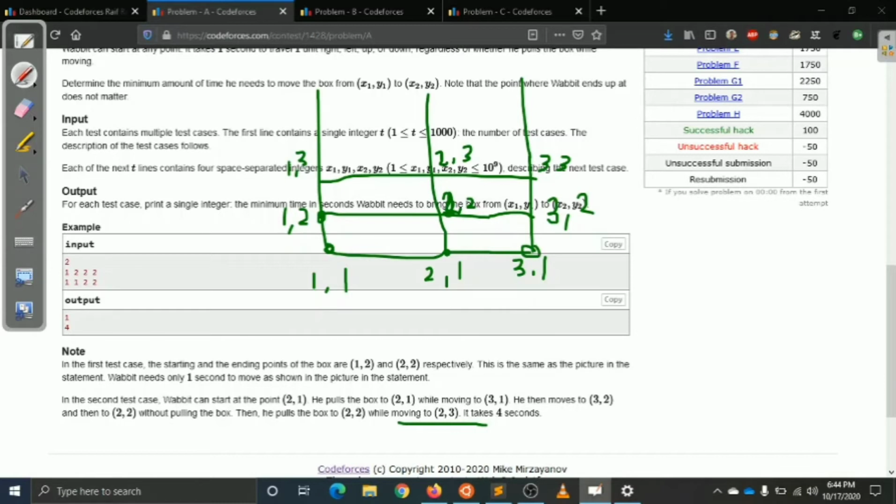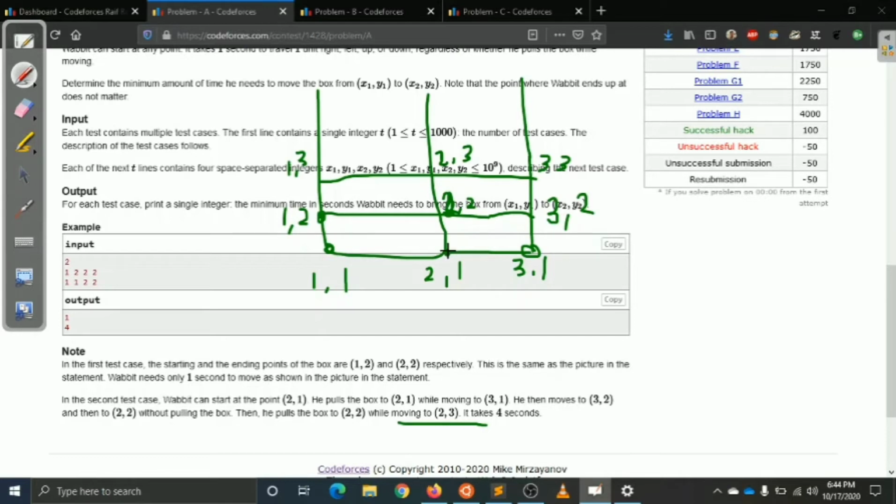Now the answer will be the absolute value of y2 minus y1. If the point is downward, then we will check the downward step, but the logic will be simple as shown.